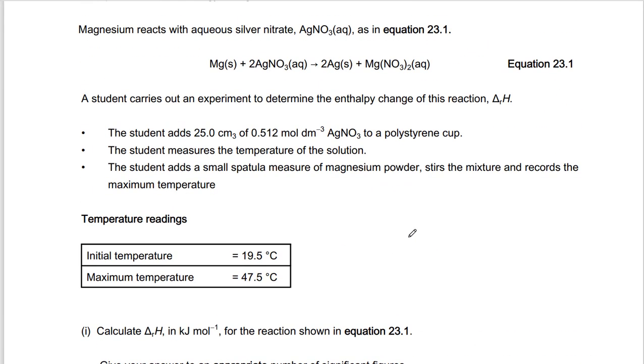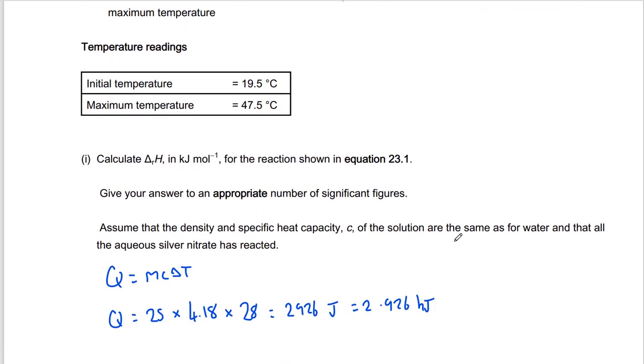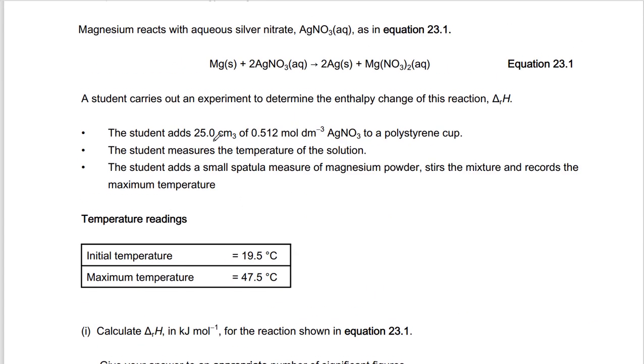Now, we need to work out the number of moles. So this is important, okay? We don't know how much magnesium there was, and it does say to us that all the silver nitrate has reacted. So we're just going to work out the moles of the silver nitrate because we're given a concentration and volume in the question.